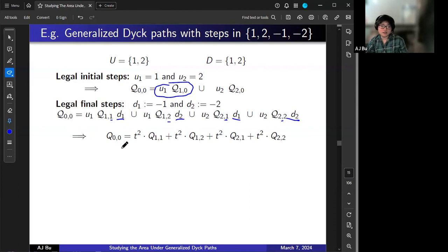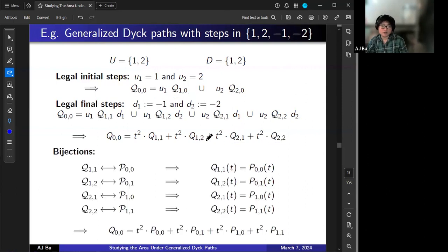So we're going to get this. So that's going to tell us that Q sub 0, 0 is equal to T squared times Q11 plus T squared times Q12 plus T squared times Q21 plus T squared times Q22. But we don't want to work with these Qs, right? So we're going to create the bijection with the paths that can go to height 0, and we're going to shift everything down by 1 unit, right?